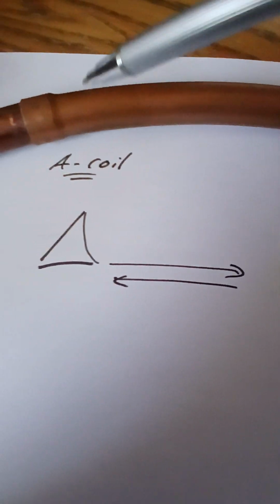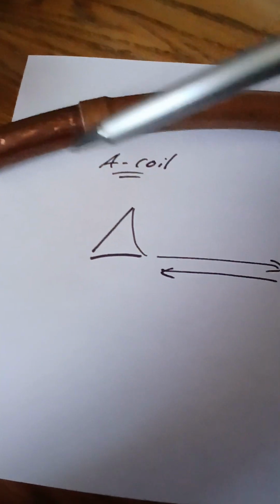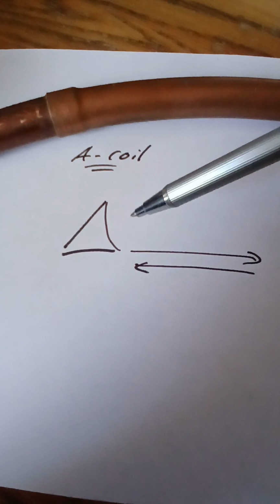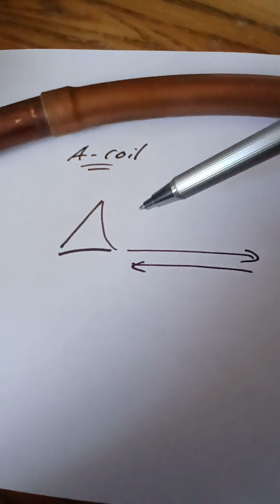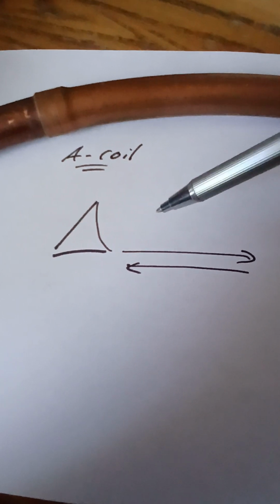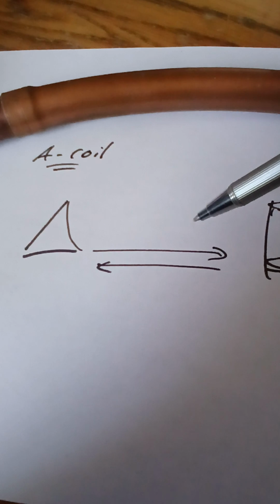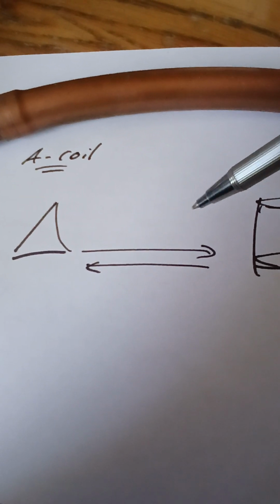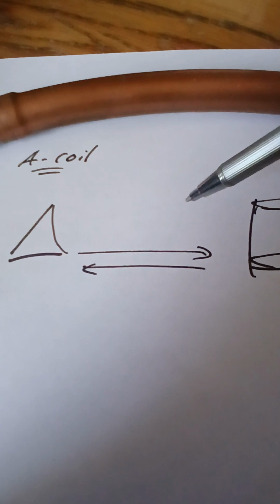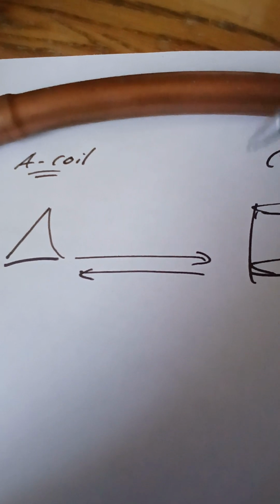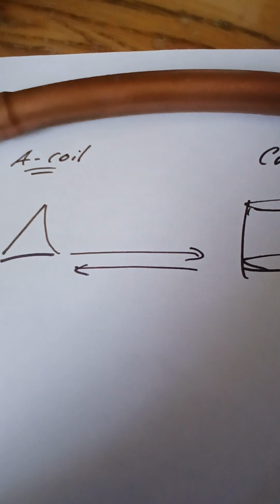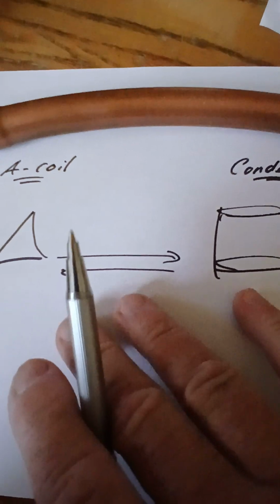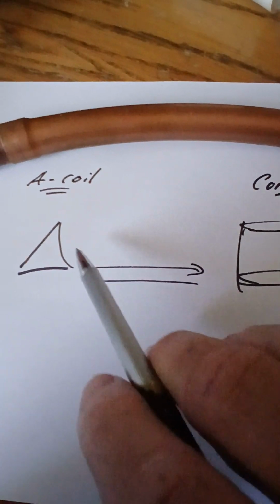This is vapor. When it exits the A coil, it's at perhaps about 40 degrees Fahrenheit, somewhere thereabouts. By the time it reaches the compressor, it may be somewhere about 50 to 55, perhaps. It's not specific, but.